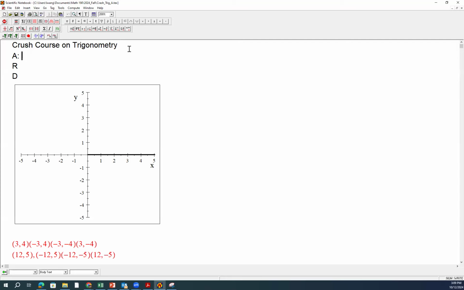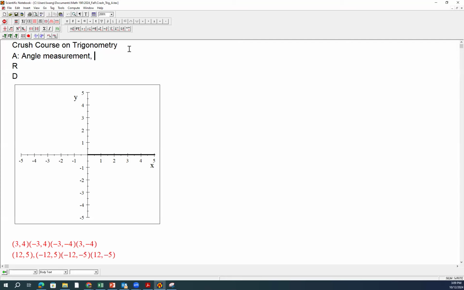So we start with A. A is about angle measurement. What about angle measurements, right? The angles we use for the 6 trig functions, and they are the input for the functions. So we kind of call them angles. In most cases, we prefer they're measured in radians.